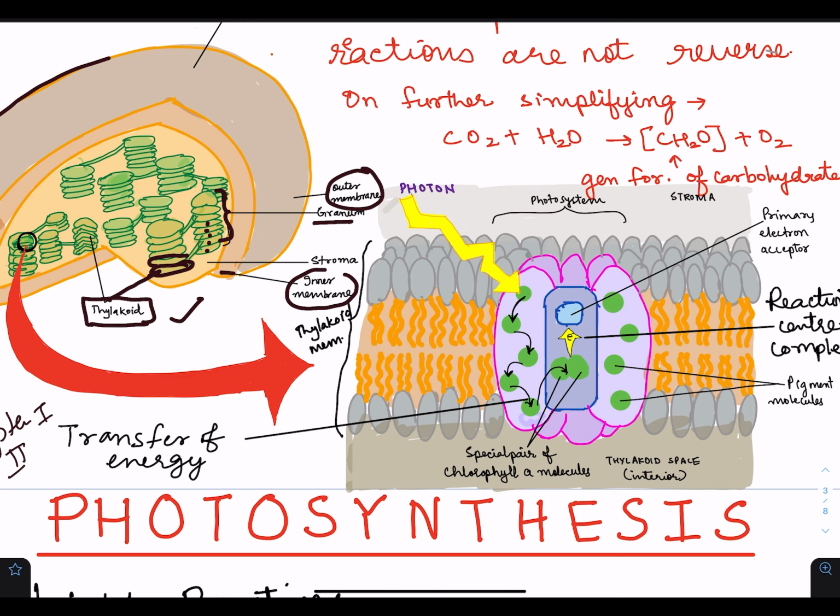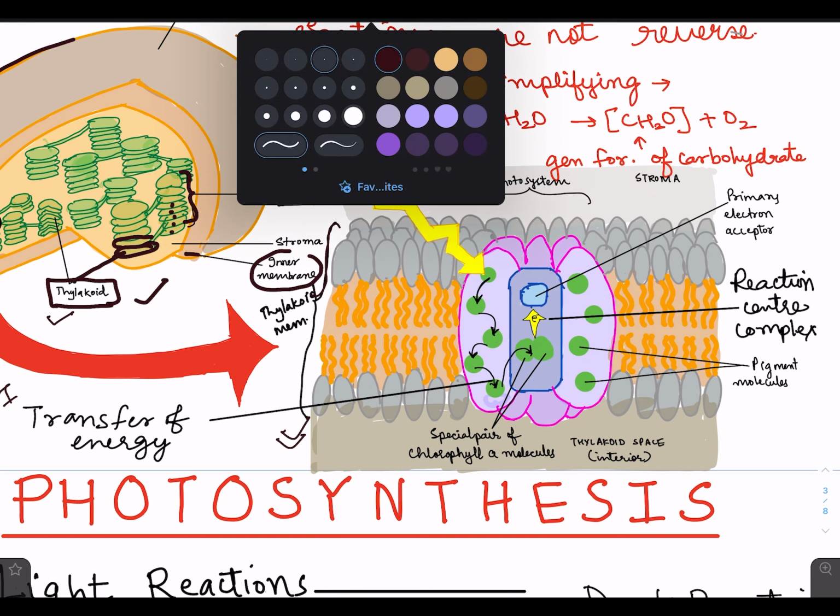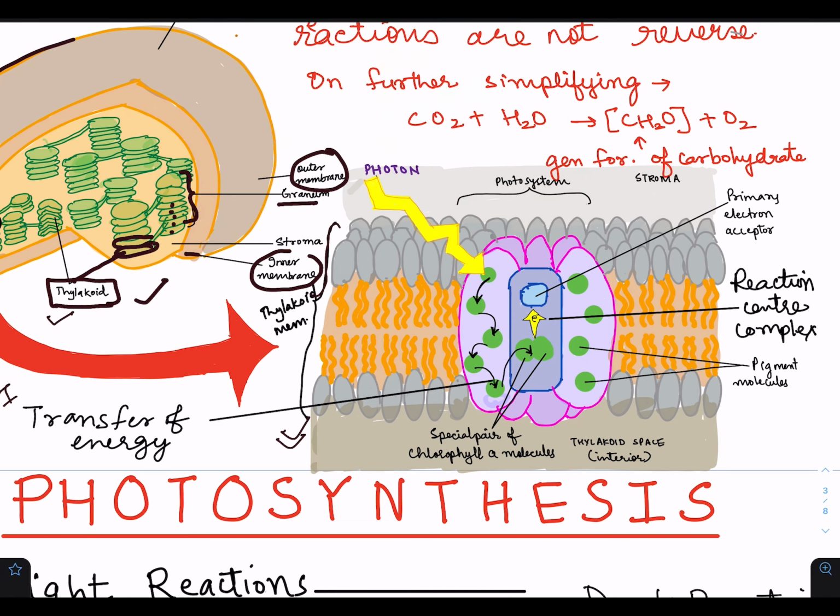This diagram is showing the enlarged structure of a single thylakoid. This part is the membrane of a thylakoid. This is a single thylakoid. We are enlarging it over here, and this part is the thylakoid membrane.